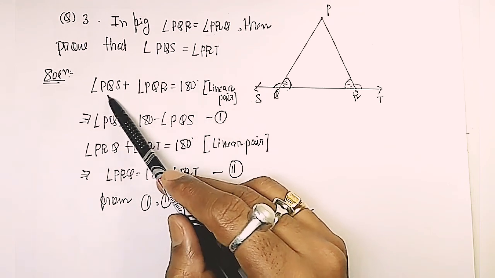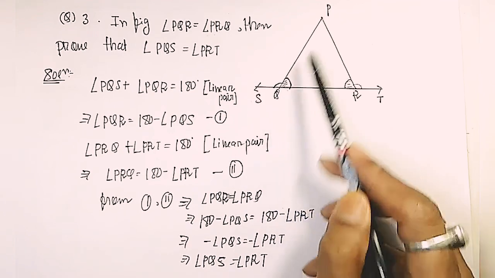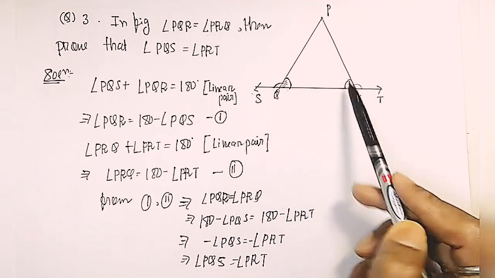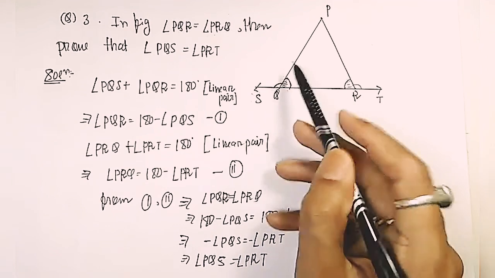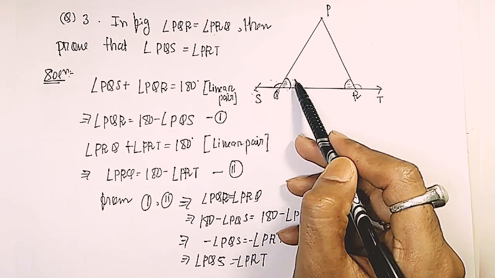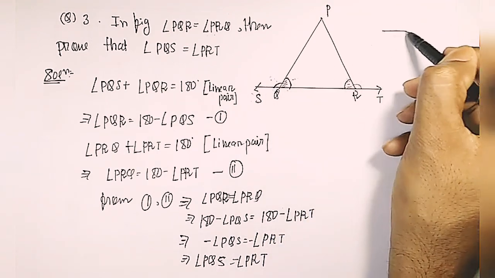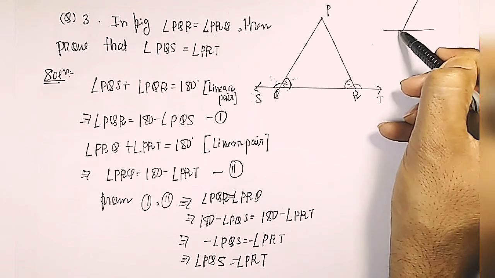Angle PQS plus PQR is equal to 180 degrees. That means the sum of these two angles is 180 degrees because of the linear pair. We know when a straight line is cut by another line, we get the linear pair.